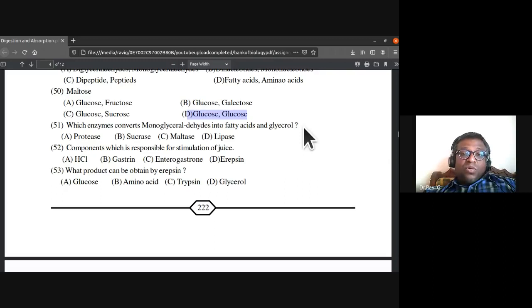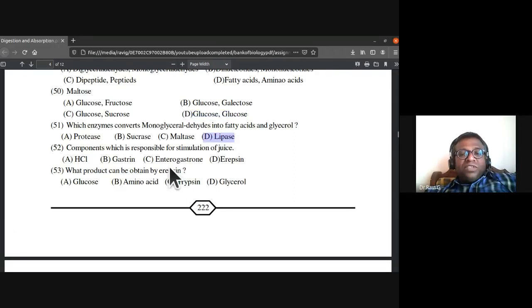Is it protease, sucrase, maltase, or lipase? So for 51, the answer is D. Lipase does that conversion.